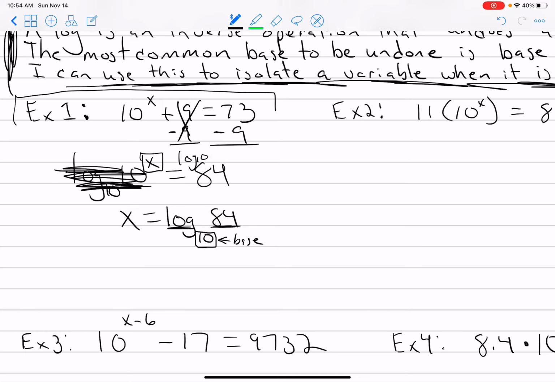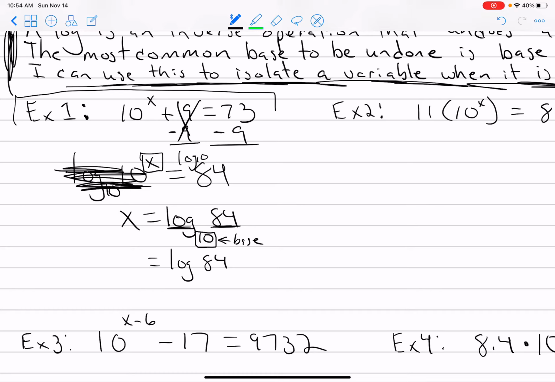That you will be able to do on your calculators. Calculators have a little log button. It usually just says log, and they assume that it's base 10. We're going to talk about this in class. So in your calculator, you would just hit the log of 84. You don't have to put base 10 because that's what your calculator assumes.